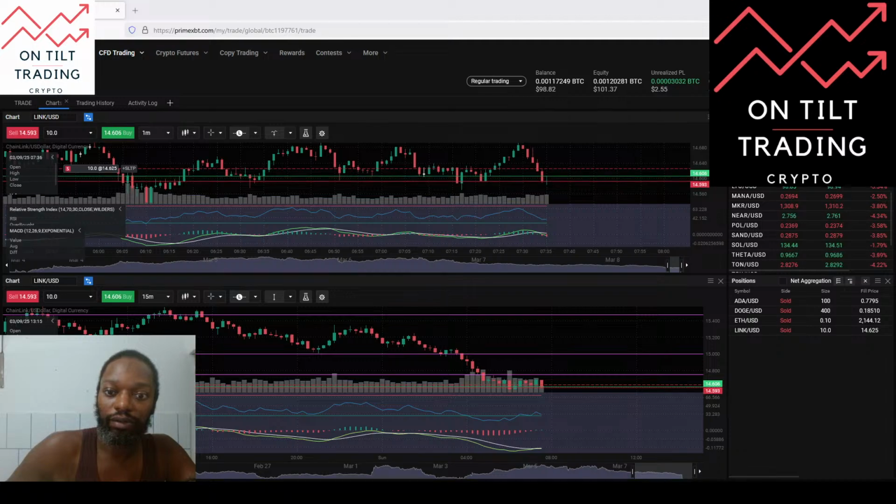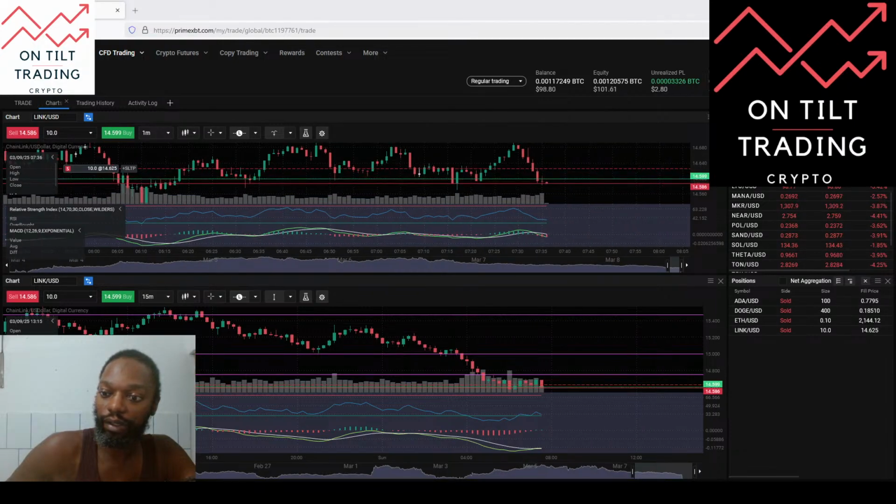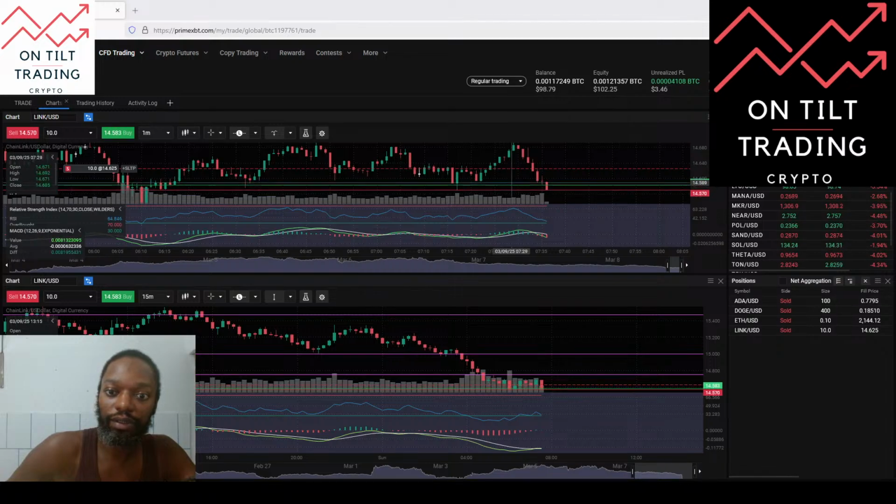And right now, low volume, headed towards oversold conditions. The MACD has already crossed the average. You can see there's momentum here for the buyers, but it looks like this is pretty weak.